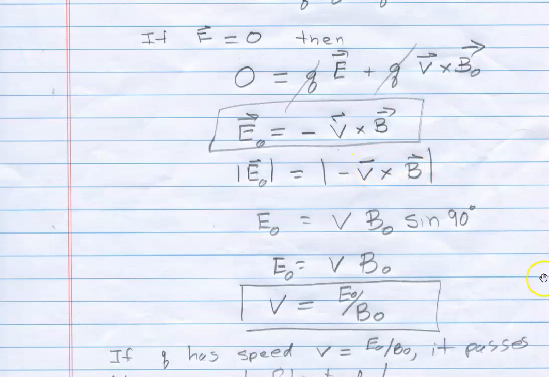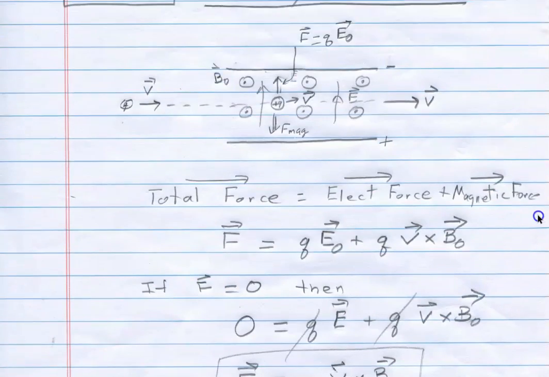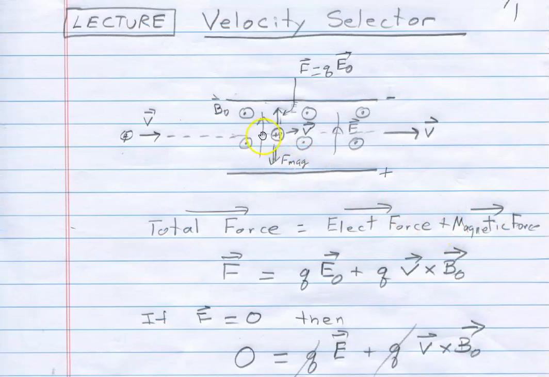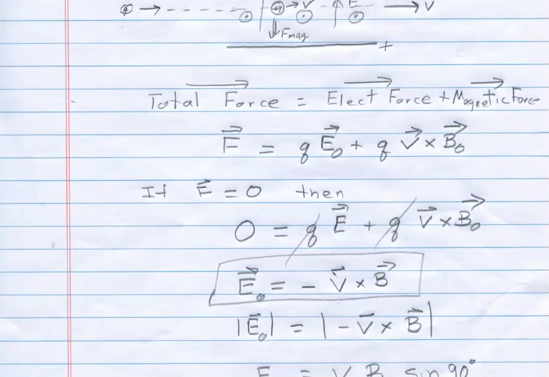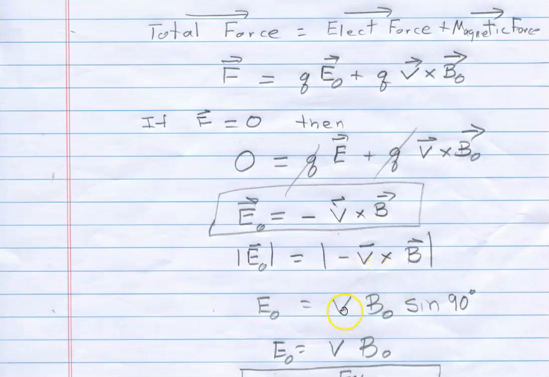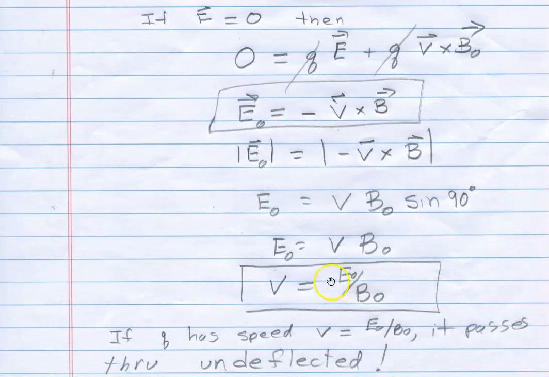And then the angle between them. If you look at it, the way it's drawn, the magnetic field is out of the page, and v is in the plane of the paper. As a result, the magnitude is v B sine of the angle between them, but the angle's 90. And so one can solve for the velocity that you select for.